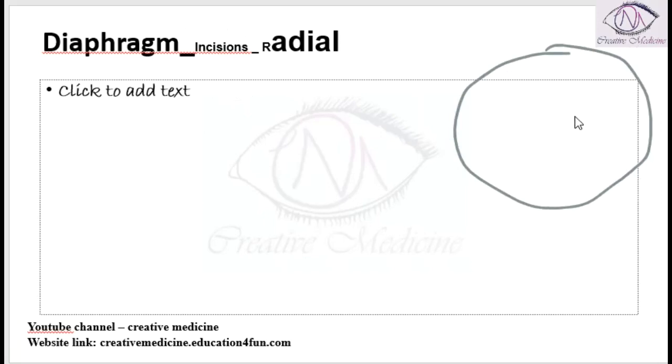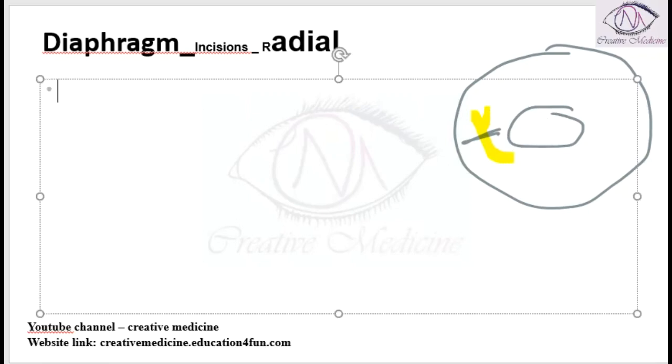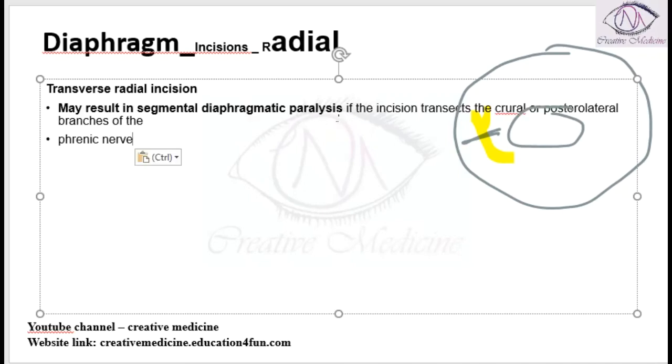Now in the radial incision, the incision is something like this. Because it is like this, it will transect, cut the nerve fibers, because it is transversely present, radially transverse, or it is also called transverse radial incision. Because of this, it might injure the phrenic nerve or branches of the phrenic nerve.